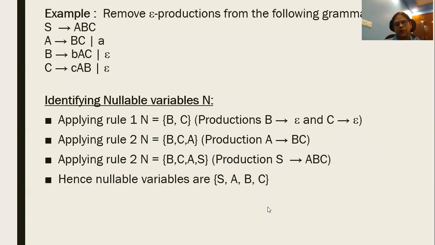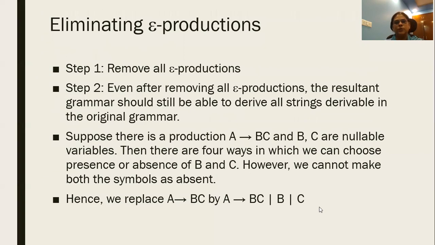So we stop here and we identify that the nullable variables are S, A, B and C. Now we need to use this information to remove the epsilon productions from this grammar.